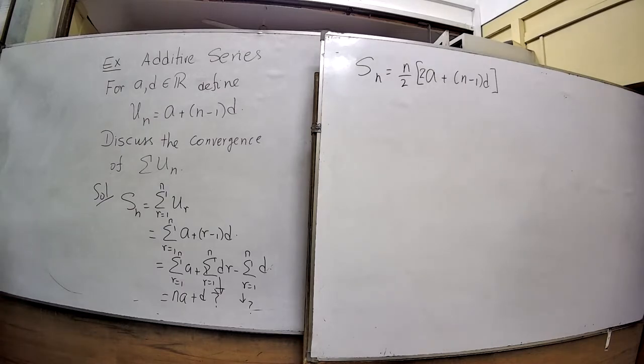Okay, so 2a plus n minus 1 into d. Now this is the sequence. This is the partial sum you have. Now you talk about limit of the sequence, right?